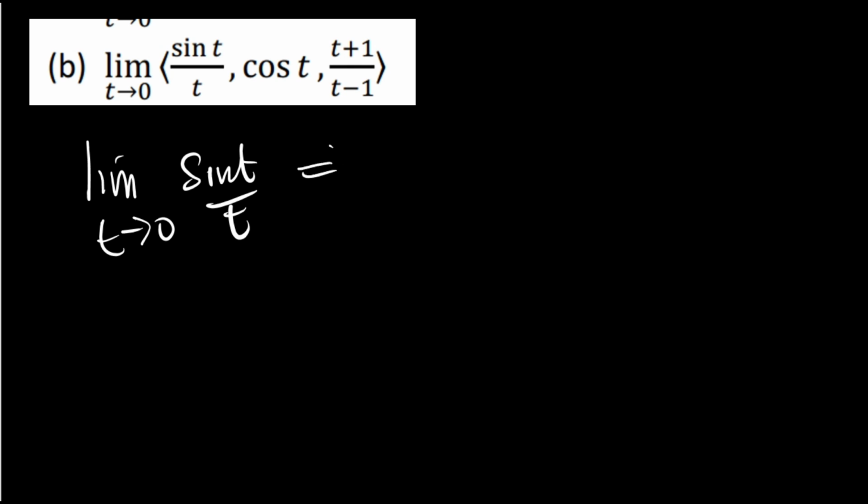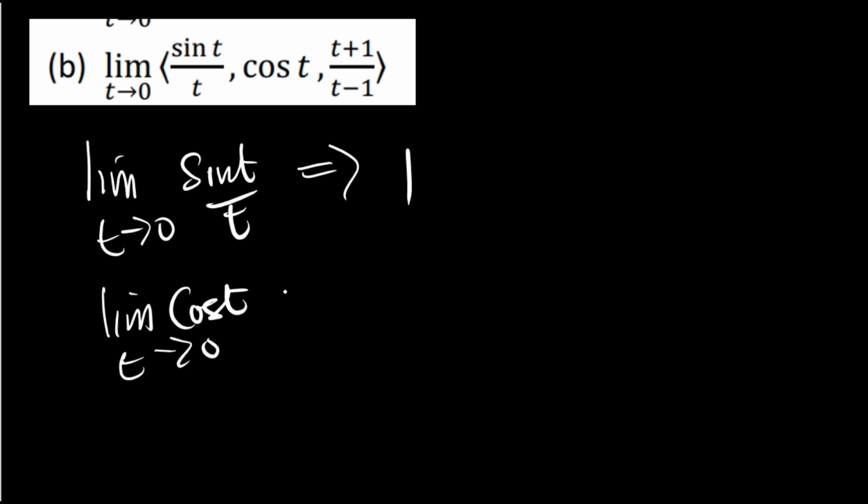Let's look at the next one. Lim sin t over t as t approaches 0. As said earlier on, this is a special case. The value is 1. Lim cos t as t approaches 0 is equal to cos 0, and cos 0 is 1.